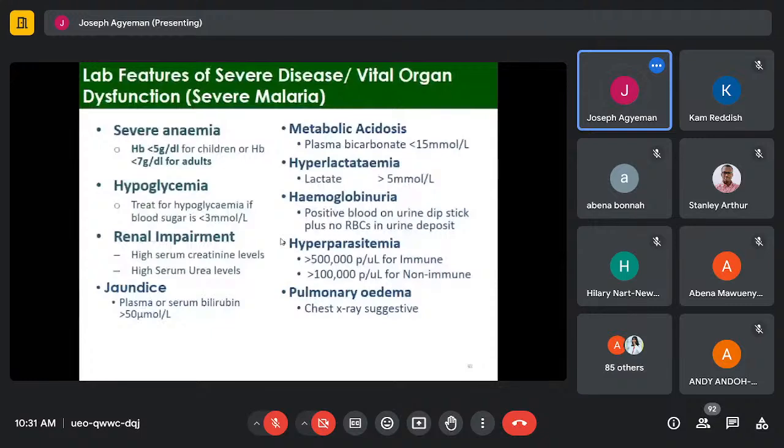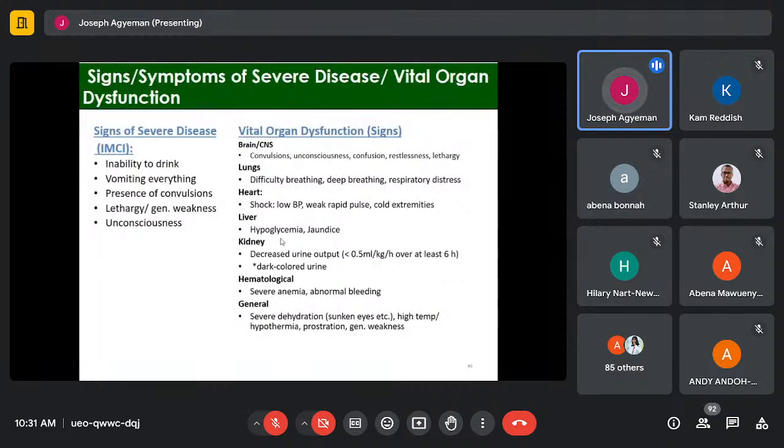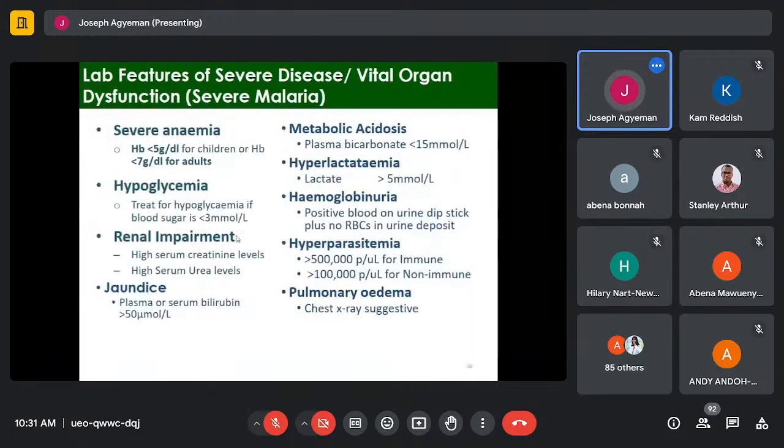Okay, so based on these vital organ dysfunctions, hematological, heart, what have you, these are normally some of the lab findings in severe malaria. So if you get anemia, it will not be the mild type. The mild type will happen in uncomplicated malaria.